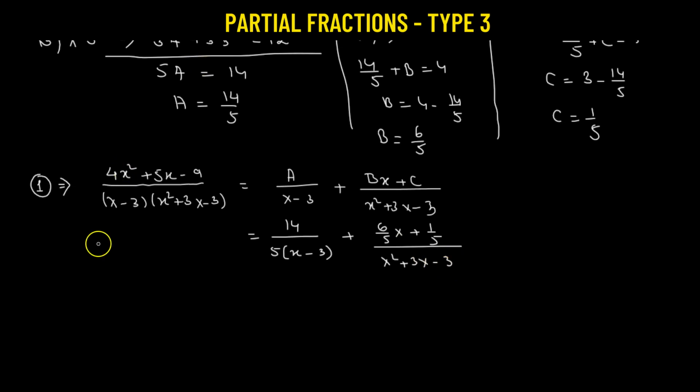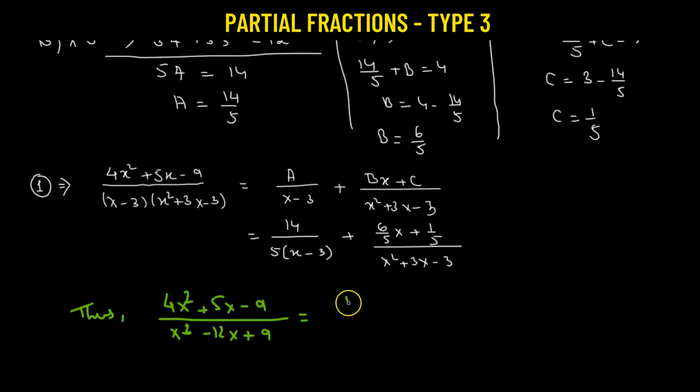Therefore, we finally have the rational fraction 4x squared plus 5x minus 9, and we had in the denominator the product of x minus 3 with x squared plus 3x minus 3, so that was x cubed minus 12x plus 9.